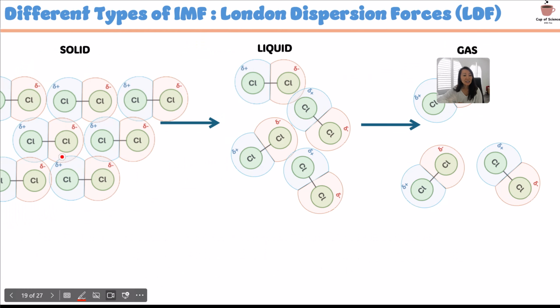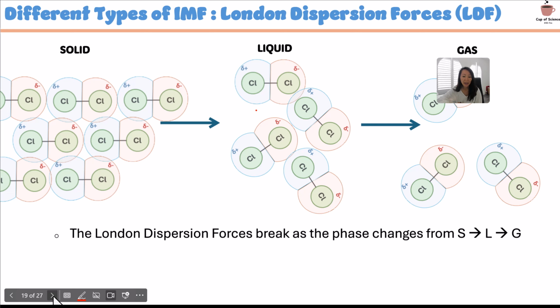Now, as a nonpolar molecule goes from solid to liquid to gas, there comes a breakage of the London dispersion forces little by little. So from solid to liquid, you can see there's a phase change occurring and the London dispersion forces break.